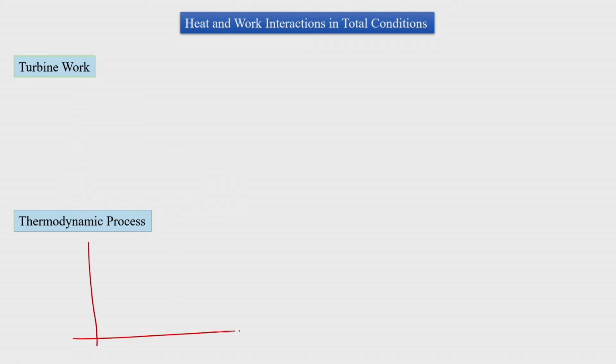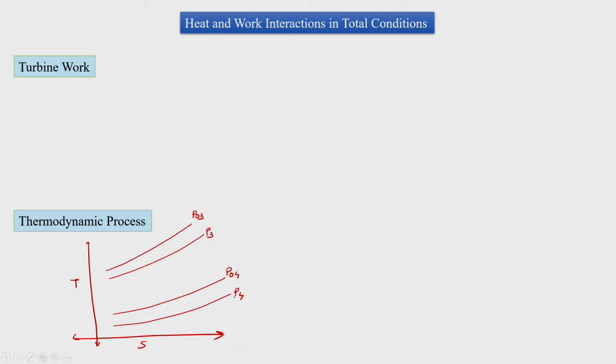In the thermodynamic process, we will consider, and then we need to draw 4 lines corresponding to static and stagnation conditions. So this is P3, this is P03, this is P04 and this is P4.